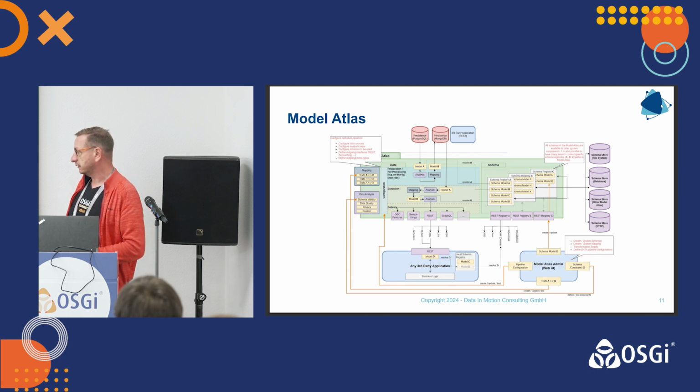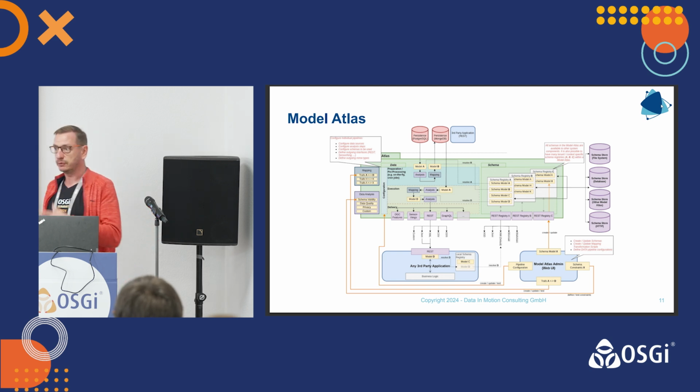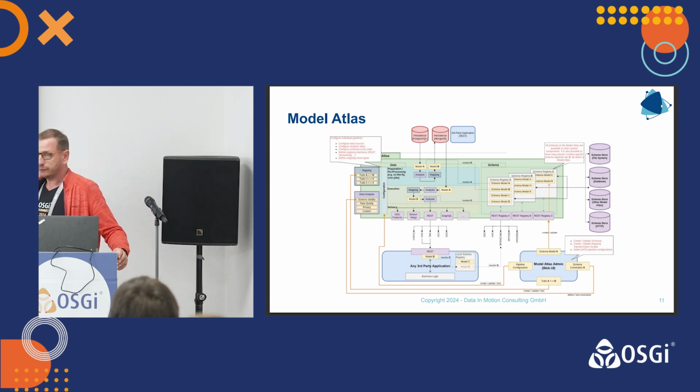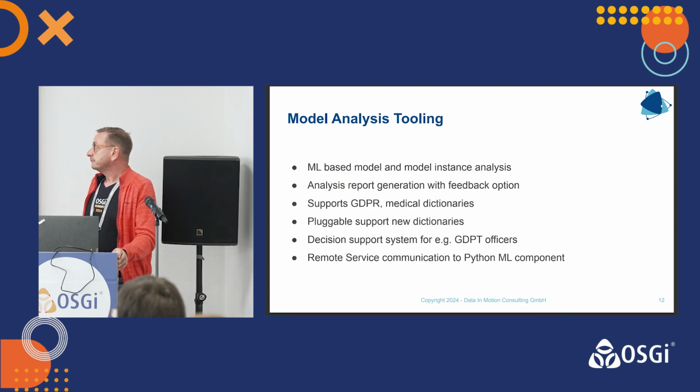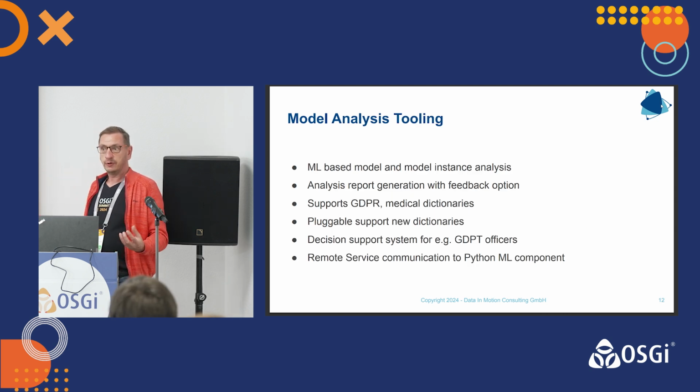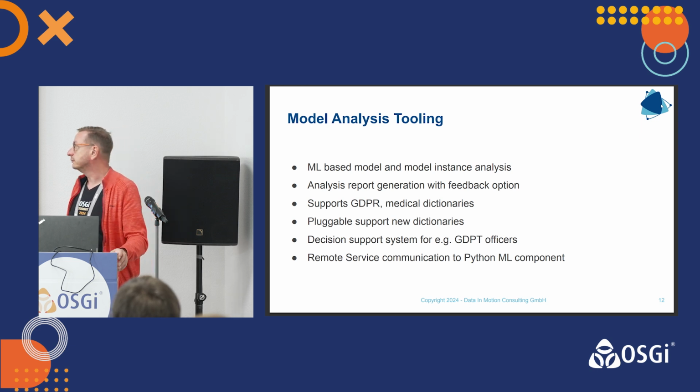And we have lots of third-party applications or components that want to use such models. And this is what a Model Atlas is for. It's, so to say, a single point of information about models in a distributed infrastructure.